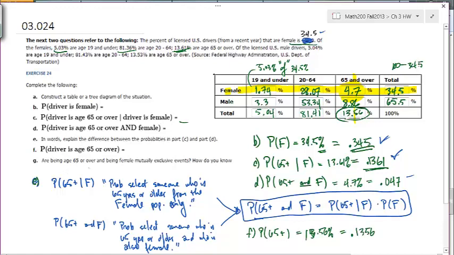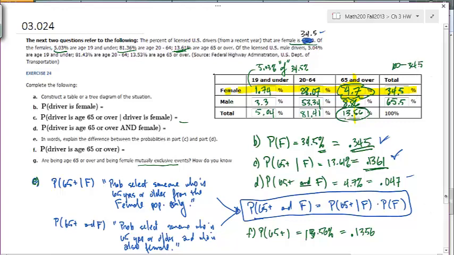And then here, are being 65 and over and being female mutually exclusive? Well, mutually exclusive means that there's no drivers that are both 65 and over and female. Well, clearly we have this probability over here where somebody's both 65 and over and female.